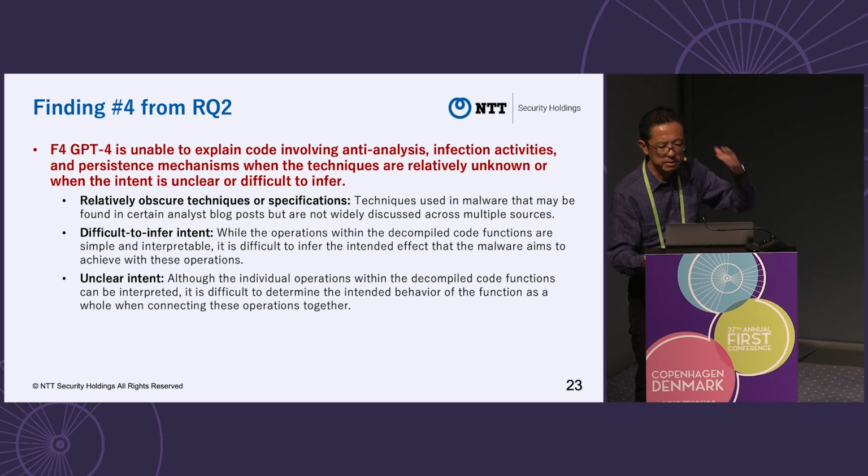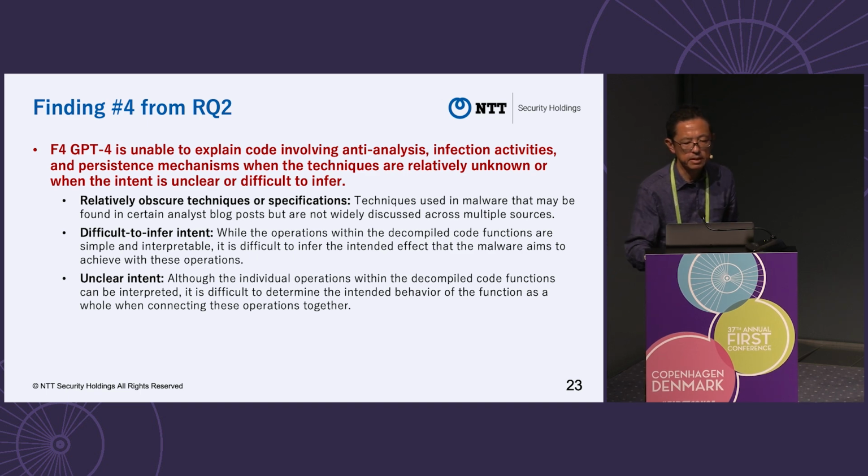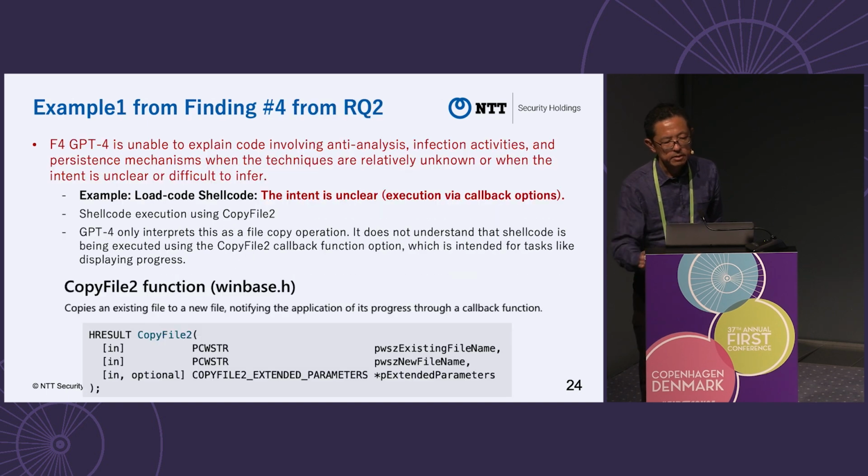Unclear intent means that even though each operation in the function is readable, the overall goal remains ambiguous when we try to piece everything together. I will show an example.